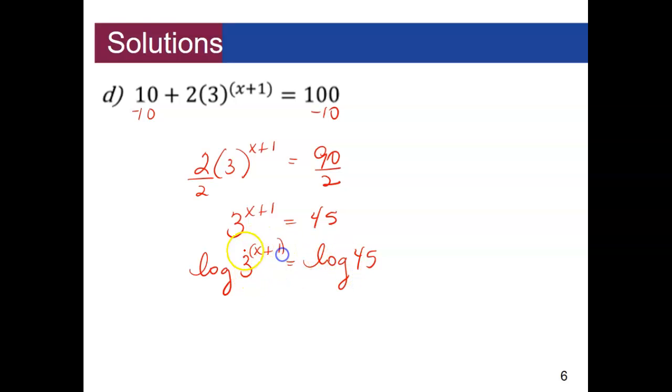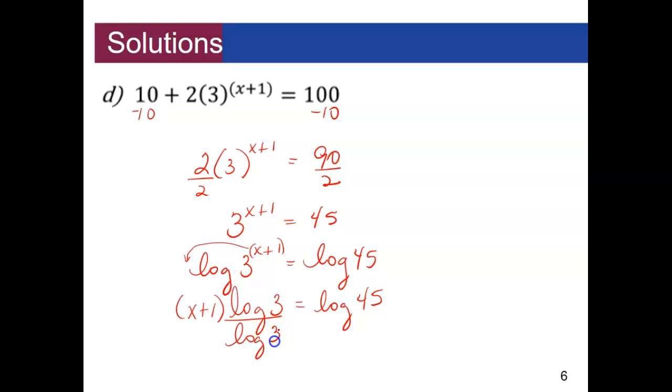So by our properties, this will come down in front. Okay, we're going to divide away the log of 3. So I've got x plus 1 equals log of 45 divided by the log of 3.